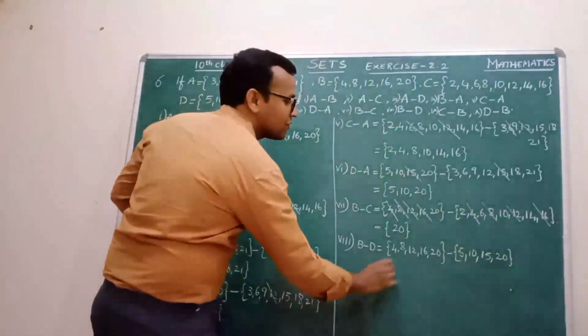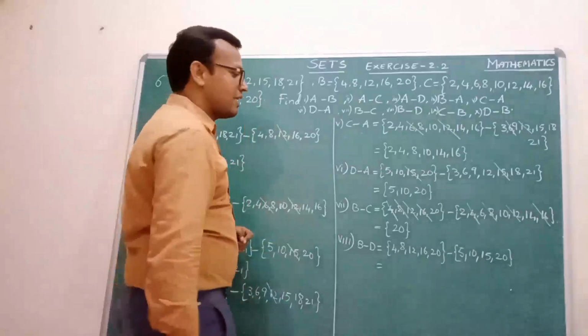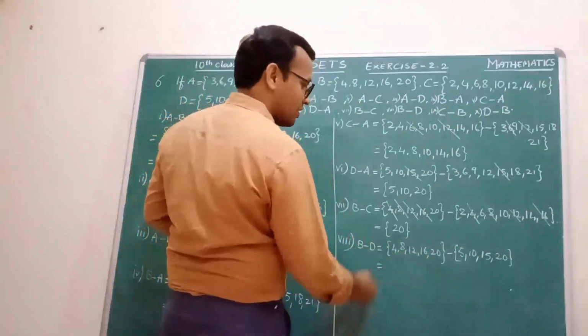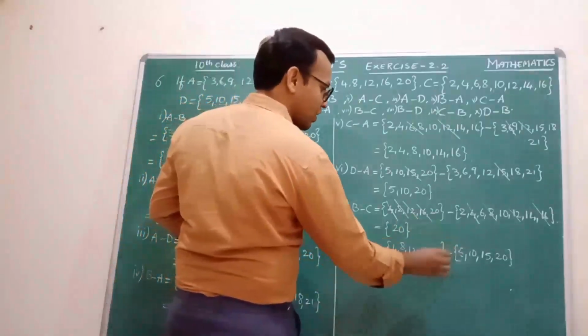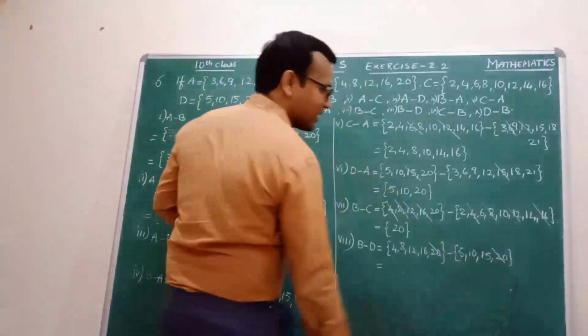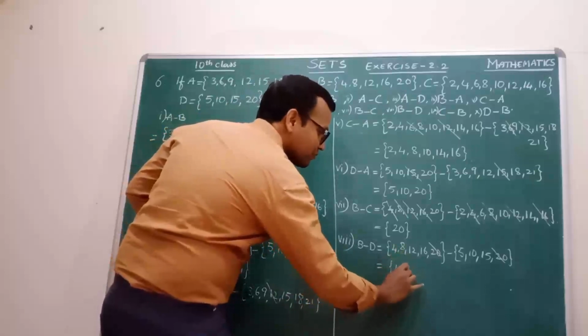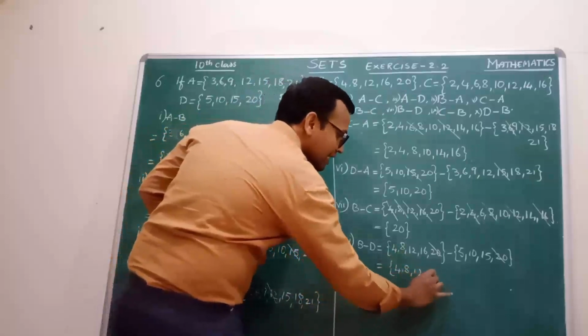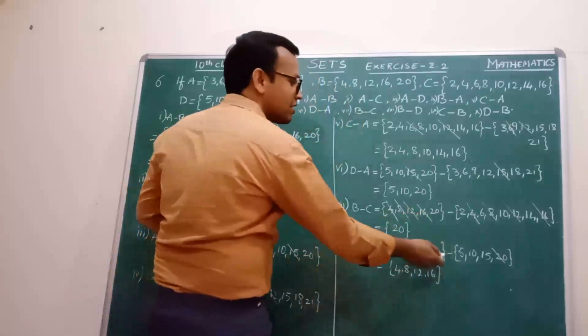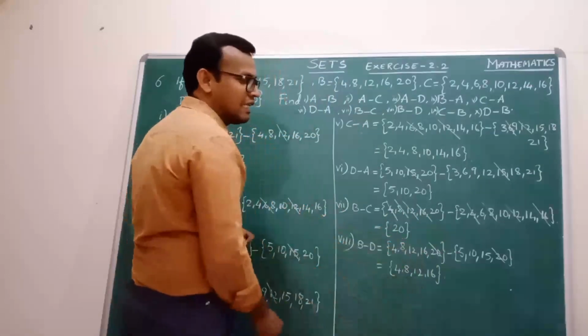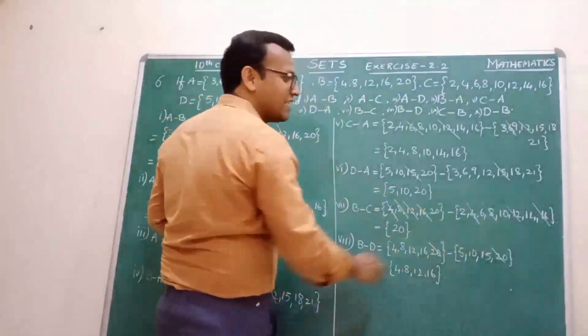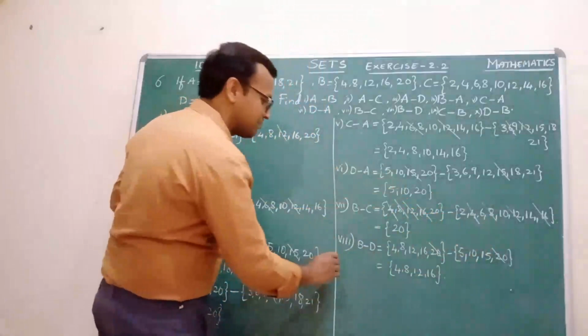Now the first step is to cancel the common elements. What elements are in common? 4, 8, 12, 16, no, only 20 is the common element. So what elements are left in the first one? 4, 8, 12 and 16. We are not writing 20 because of minus D. 20 is an element of D also. We are not writing that one.